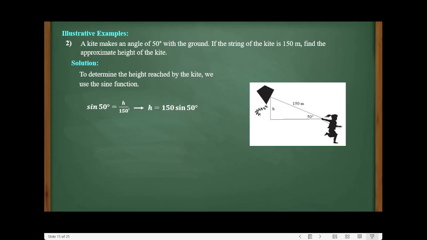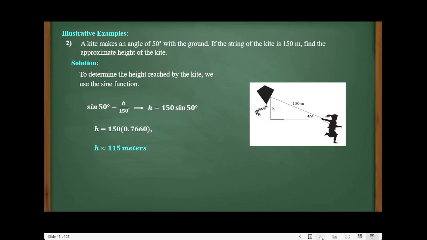Now, in your scientific calculator, look for sine of 50 degrees. And that is 0.76604. Multiply that by 150. 0.76604 times 150.